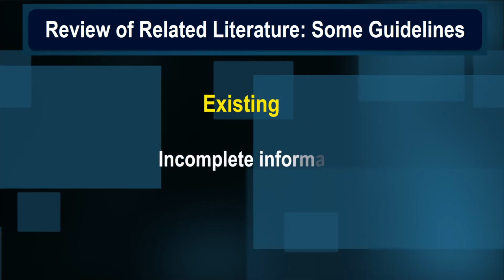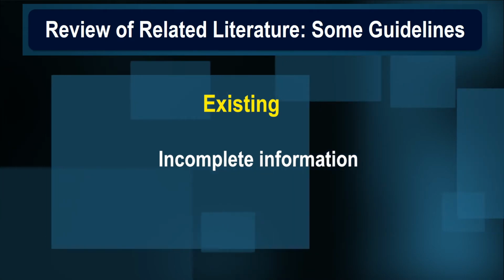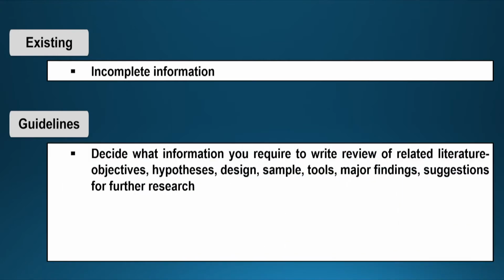Another drawback which we come across is that sometimes incomplete information is available. And when the person shifts focus from one type of studies to another, maybe the person misses some important components. So it is very, very important that initially the researcher tries to zero down what exactly he is going to abstract from the related literature.